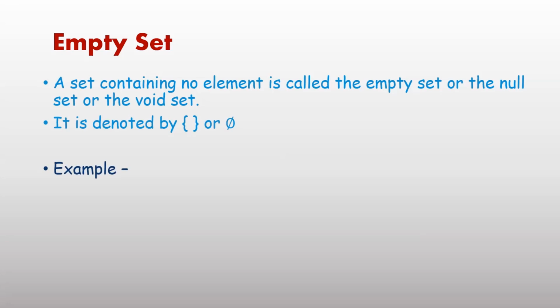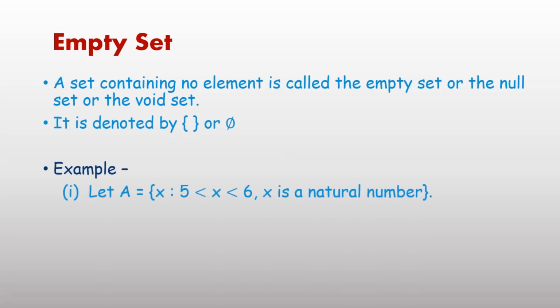Now, empty set. A set having no element is known as empty set. It is also known as null set or void set. Null set is denoted by symbol phi or by brackets having no element.